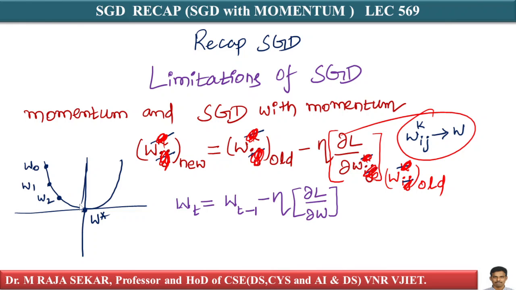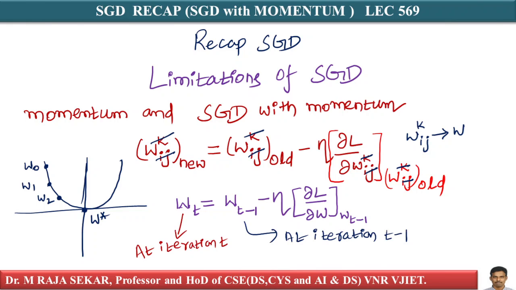Let me erase this first. Okay, let's assume you have iterations. I will say iteration t and iteration t minus 1. W_t is W at iteration t, and W_(t-1) is W at iteration t minus 1.